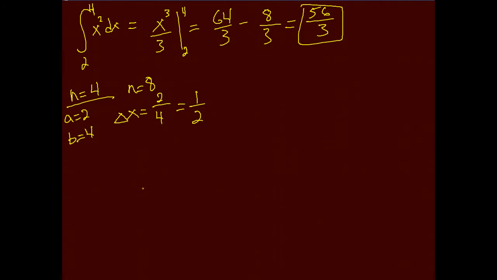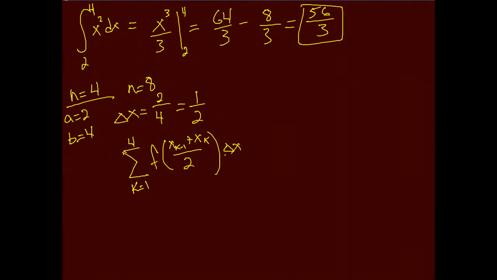So delta x is 1/2, and what we want is to find the sum from k equal to 1 to n, in this case 4, of f of (x sub k minus 1 plus x sub k) over 2, and we want to multiply by delta x.